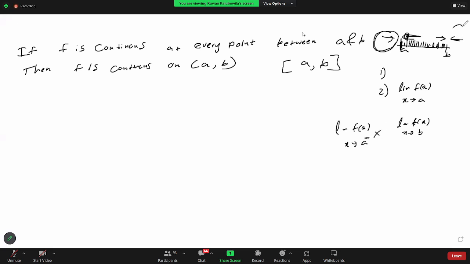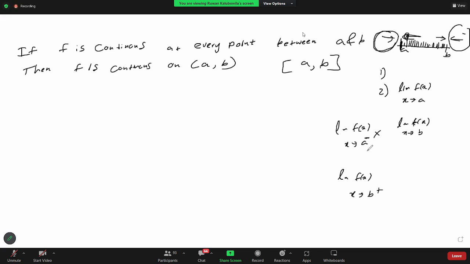You cannot find the limit of f(x) when x approaches A from the negative end, as well as you cannot find the limit of f(x) when x approaches B from the positive end, because we don't know whether the function is defined or not, since we don't have the values for that.